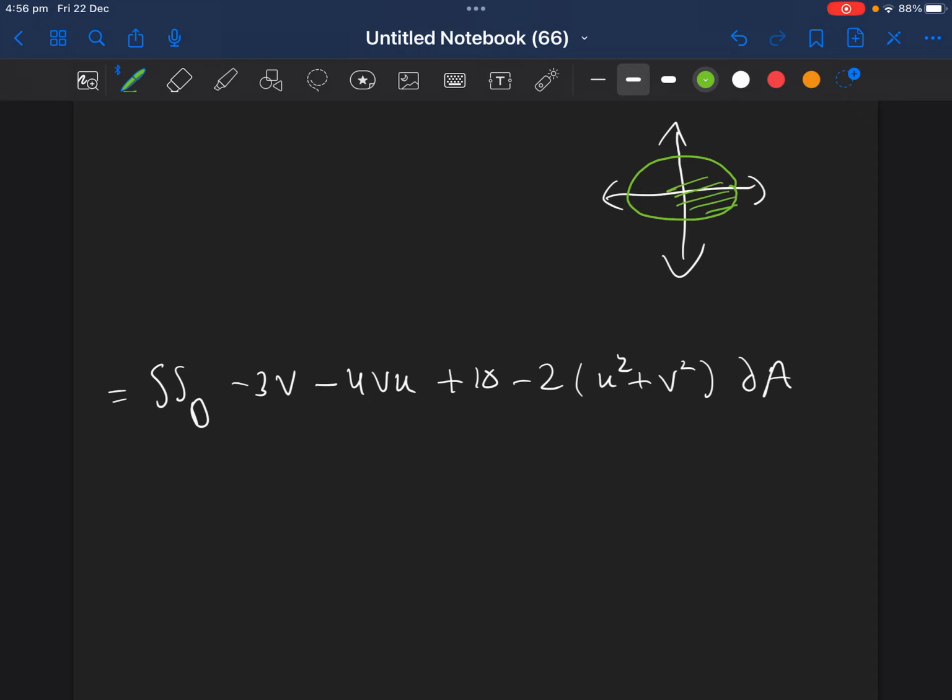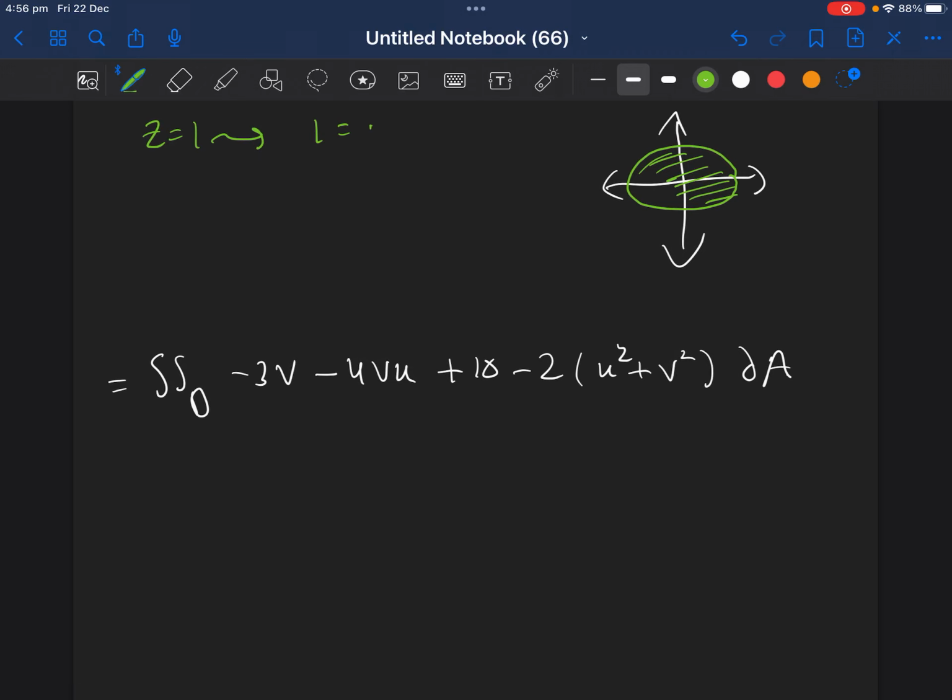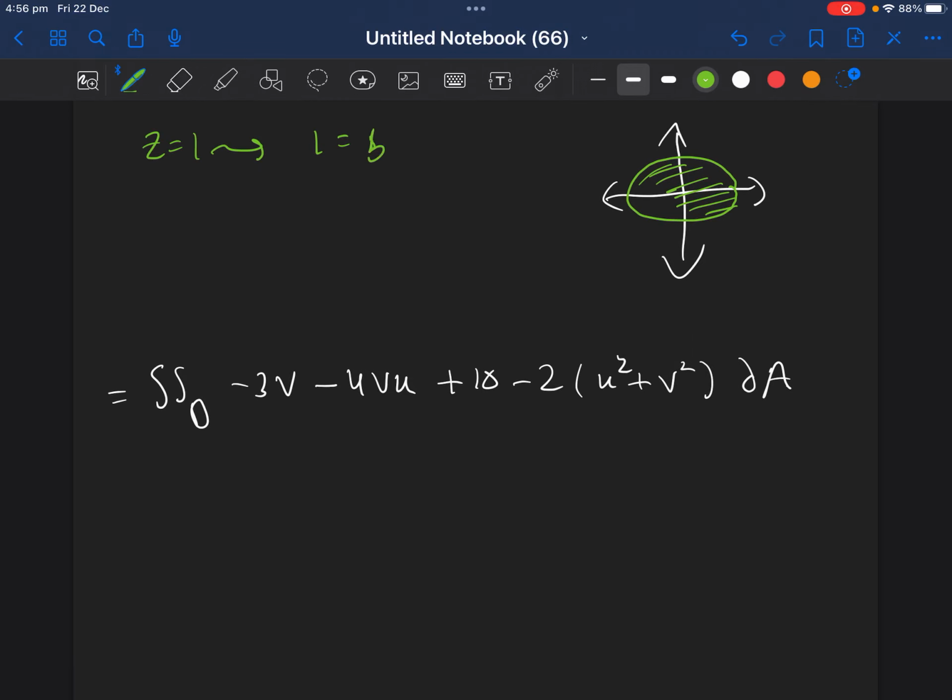Now, what is this exactly? If we go back to z equal to 1, that's where we'll have the biggest circle. That means 1 equals 5 minus x squared minus y squared. So this means x squared plus y squared equals 4, or similarly, u squared plus v squared equals 4. So this is a circle of radius 2.